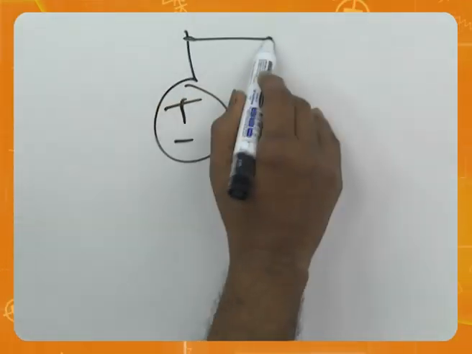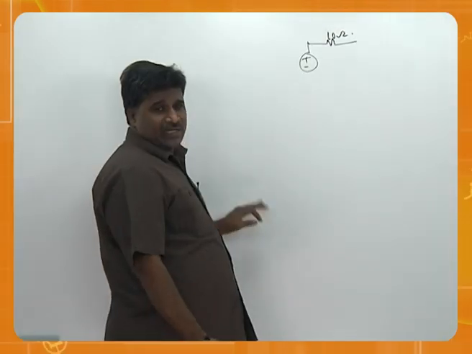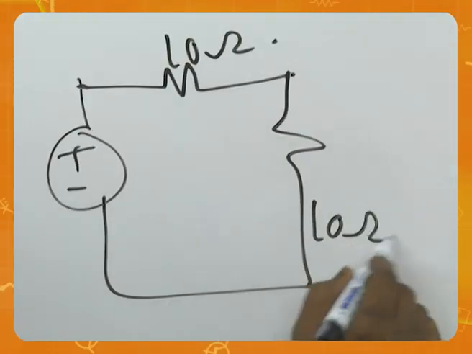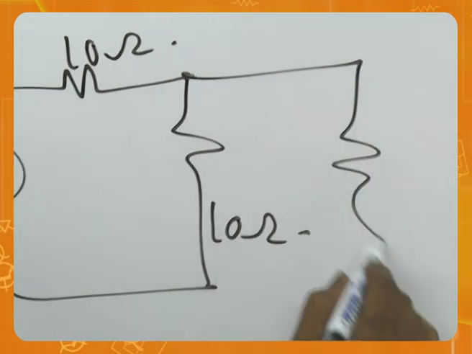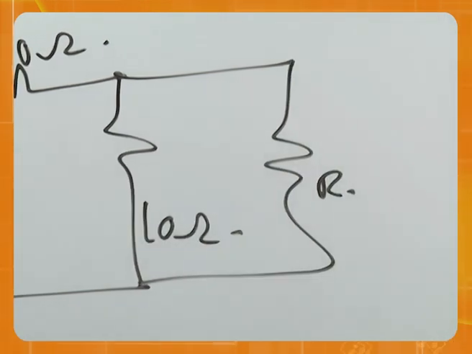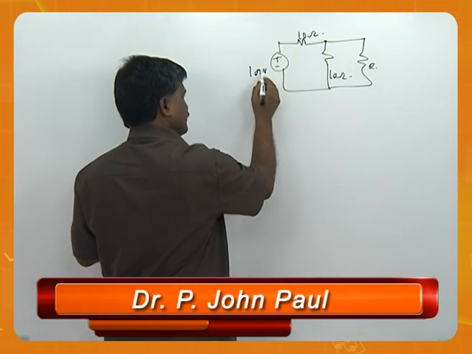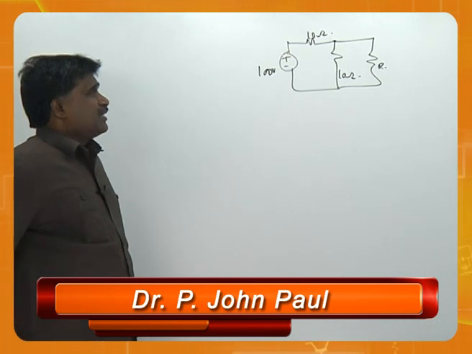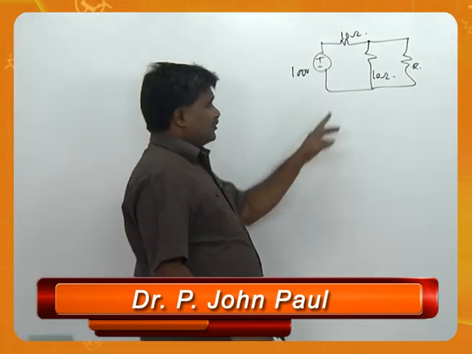To this voltage, 10 ohms is given. Another 10 ohms is also given here. Then they have given one resistor called R. And this is 100 volts. With this data, we have to calculate.